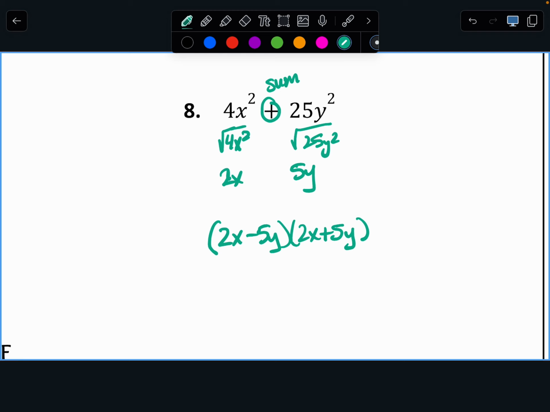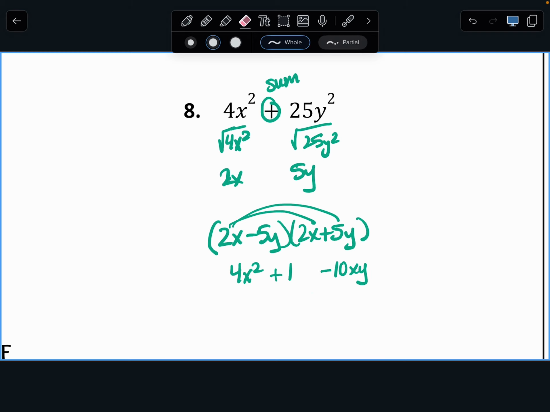Except when I multiply this, that's 4x squared plus 10xy minus 10xy minus 25y squared. I tried to cram too much in there.